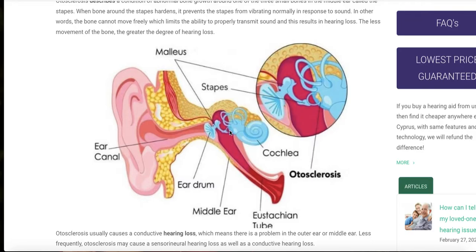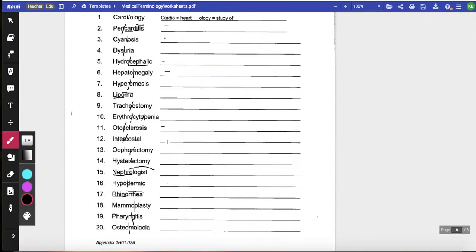That vibration travels through these 3 teeny tiny bones, boom, boom, boom, and then it rings into the cochlea, and then that is how we can interpret sound. Well, over time, these bones will harden and fuse together, so the vibrations are not as distinct when they hit these 3 bones, so it causes hearing loss. So that is otosclerosis.